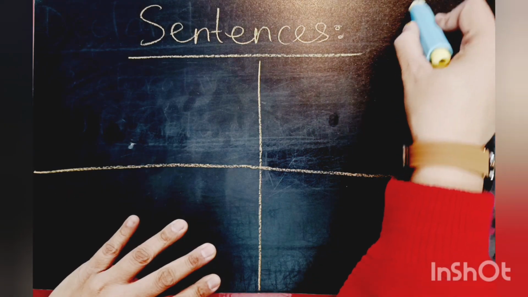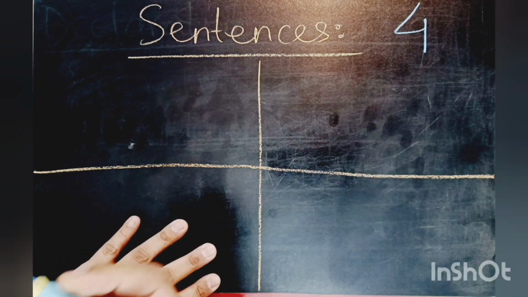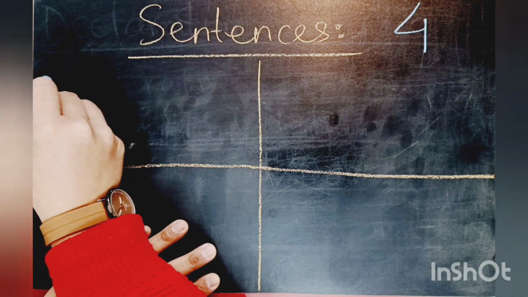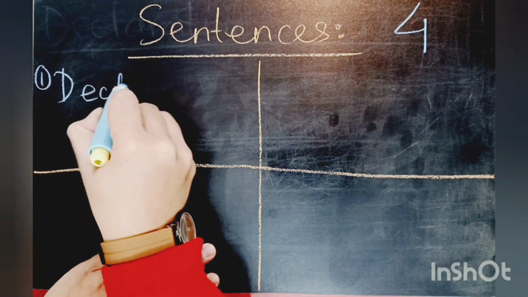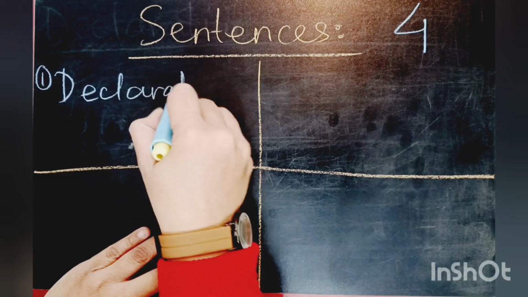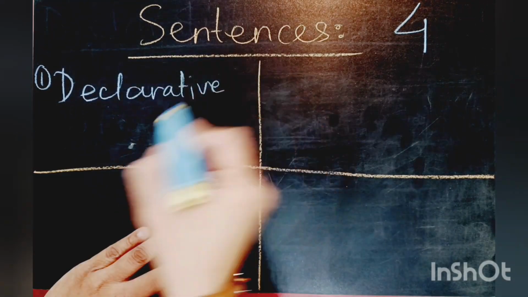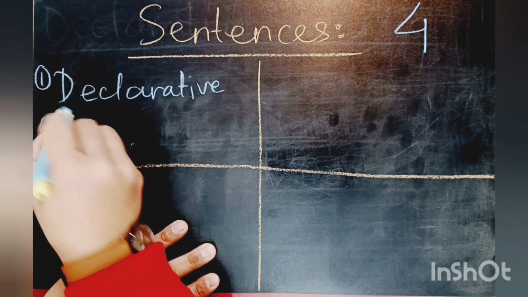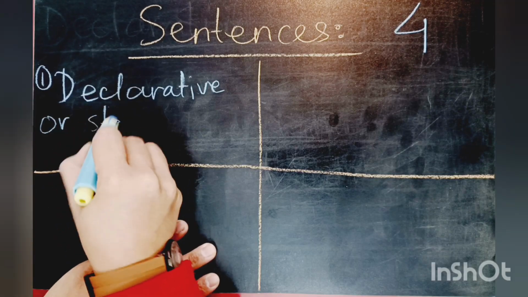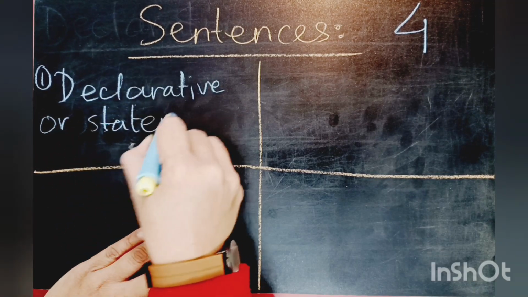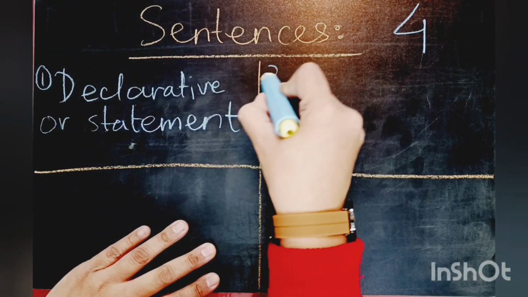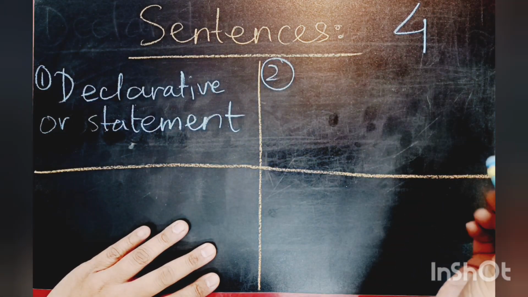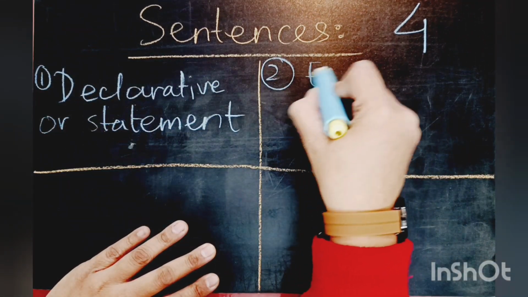So, there are four types of sentences. As you know, there are four types of sentences. The first type is declarative or statement. These are very simple and common types of sentences ending on a full stop, a simple full stop.